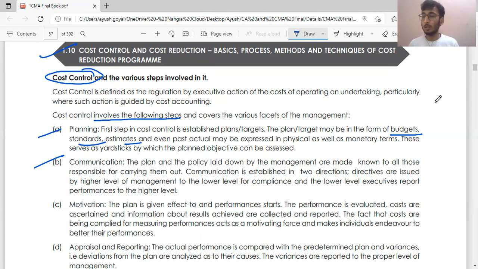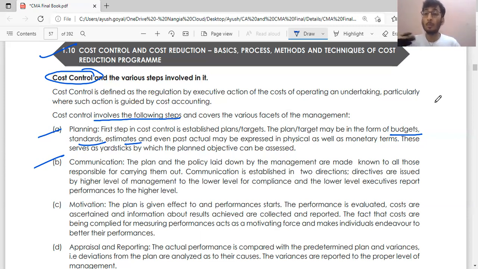Suppose as a finance controller, I do not know the basic activity done in my factory. So I will prepare a chart based on certain analysis and share it with the concerned person who is actually responsible for the activities. I will share the draft, the standard, and instruct him that this is the standard prepared by us, and it is now his responsibility to keep the cost within this bracket.